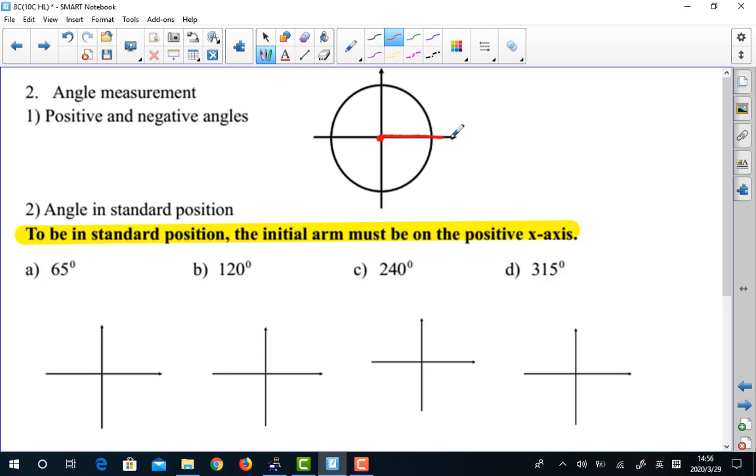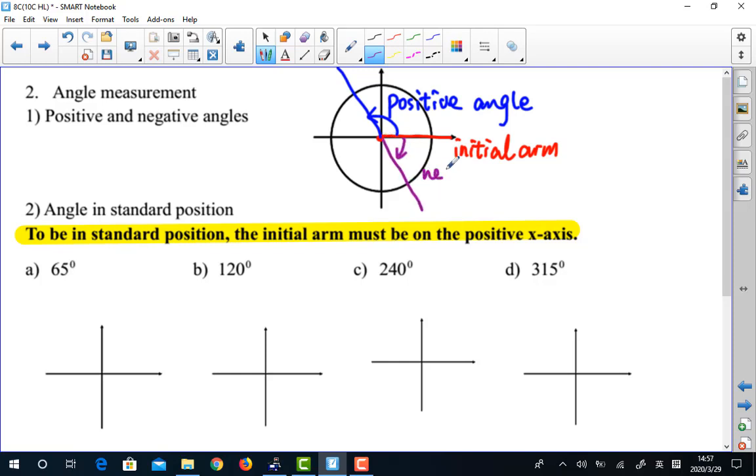And here we place the initial arm. So right now we only need to look at the terminal arm. If I rotate this way, this blue one is a positive angle. If I rotate the terminal arm clockwise, this is a negative angle.